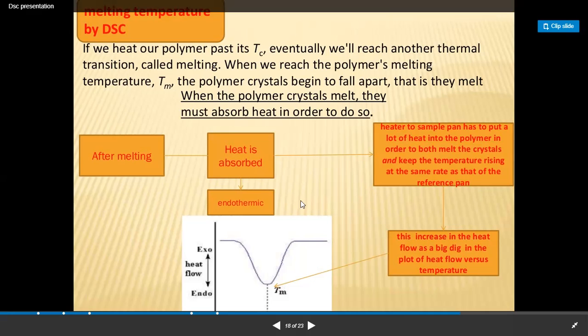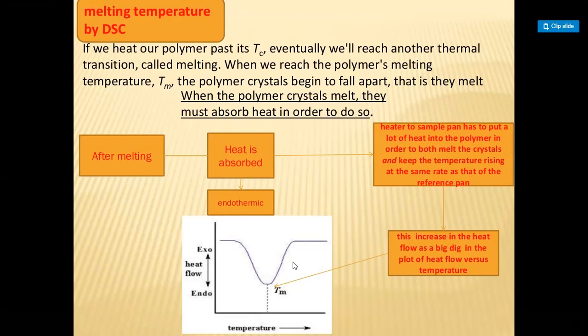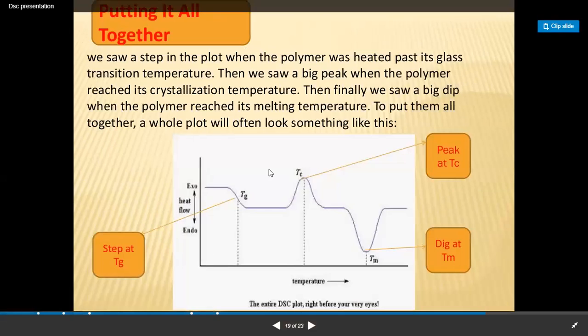So here we get an endothermic reaction and a downward peak. If we compile all these curves, we get a DSC curve or thermogram. Here Tg highlights the glass transition temperature, Tc is the crystallization temperature, and Tm is the melting point temperature.